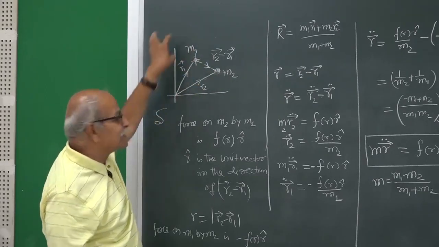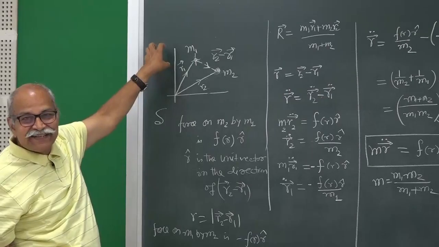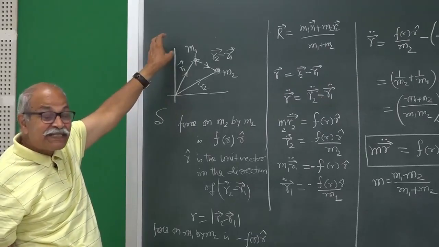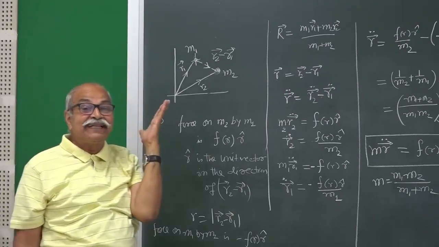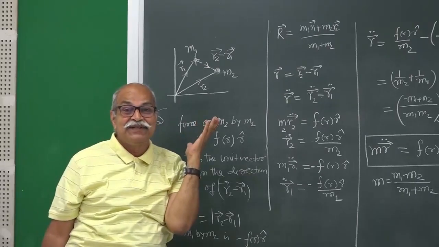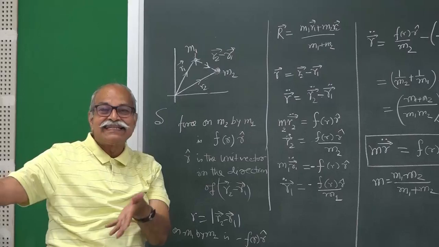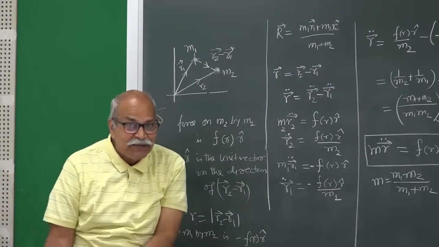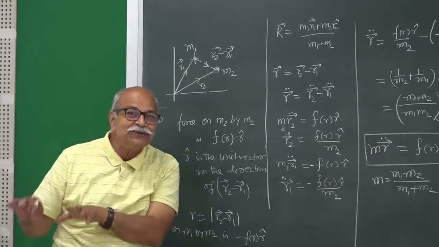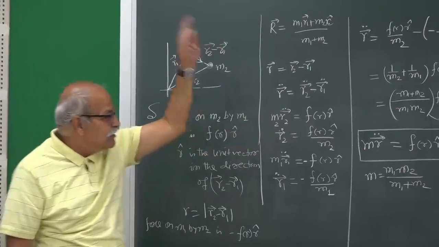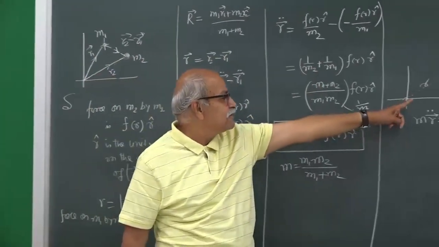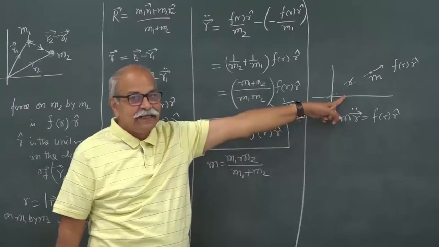So, it is an accelerated frame, but we do not have to go for the techniques of non-inertial frames. Our next chapter will be on non-inertial frames, but we do not have to go into those techniques here. We can still use our techniques of inertial frame of reference.